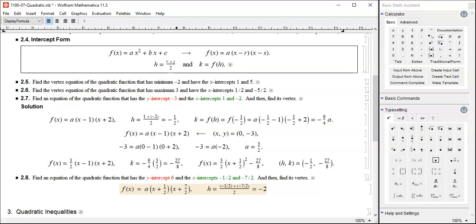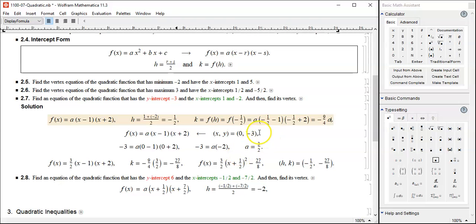So -2, that's your h. Okay. And now that you've found h, you can find the k expression. But the k expression will not give you the complete answer because you don't know what a is. You may get a tentative expression of k, but that's not the end of the story. You have to come back and determine a.